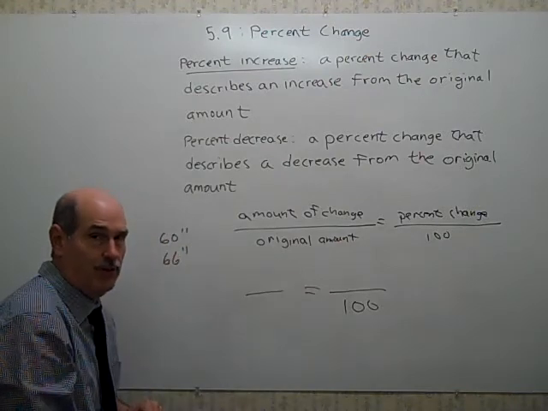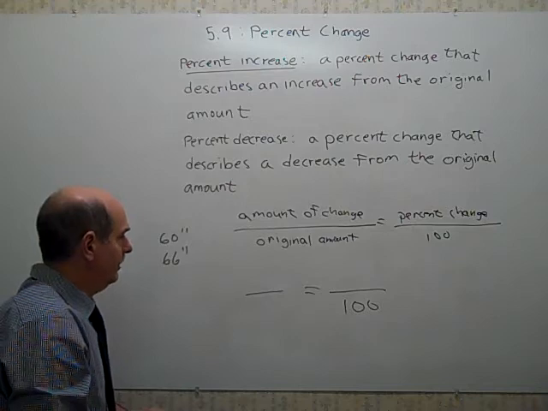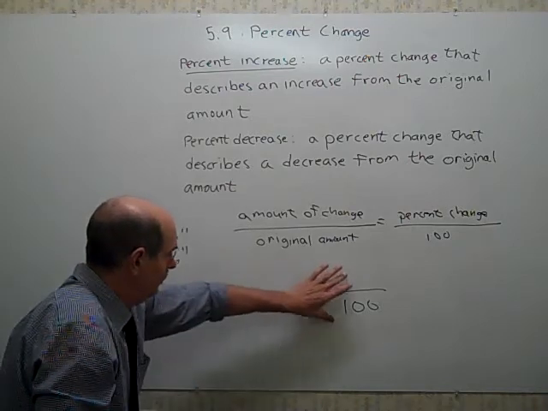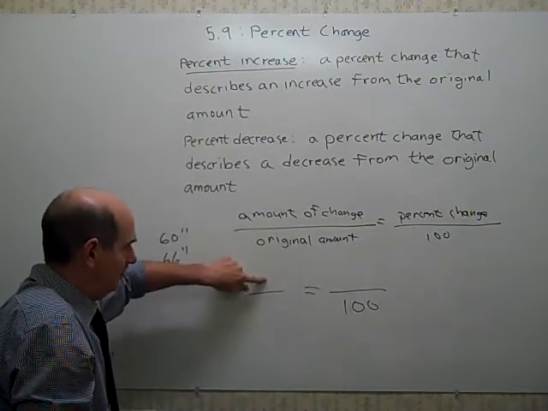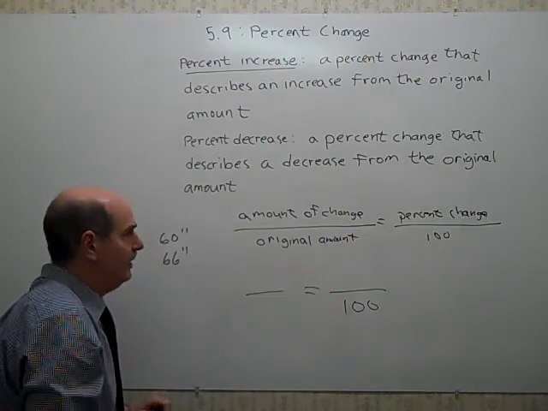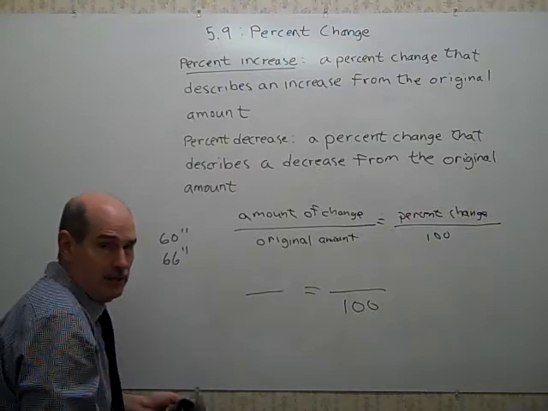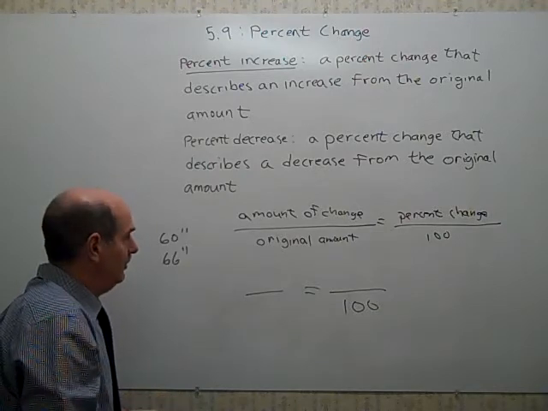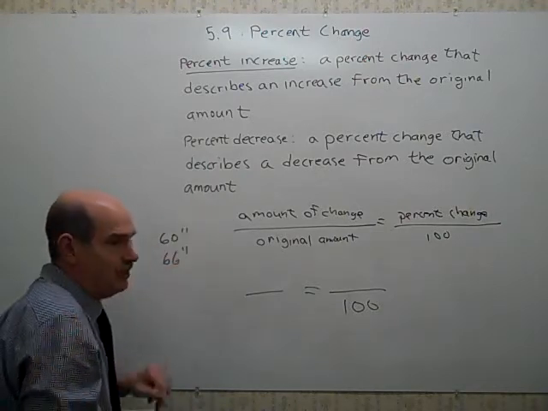You can use the same strategy with percent change. Fill in the framework just like this. This will be how much something changed by, this is what the original is, and this is the percent change. If you know two of the three quantities, then you can figure out the missing one. If you only know one of these three things, then you can't do anything with it.